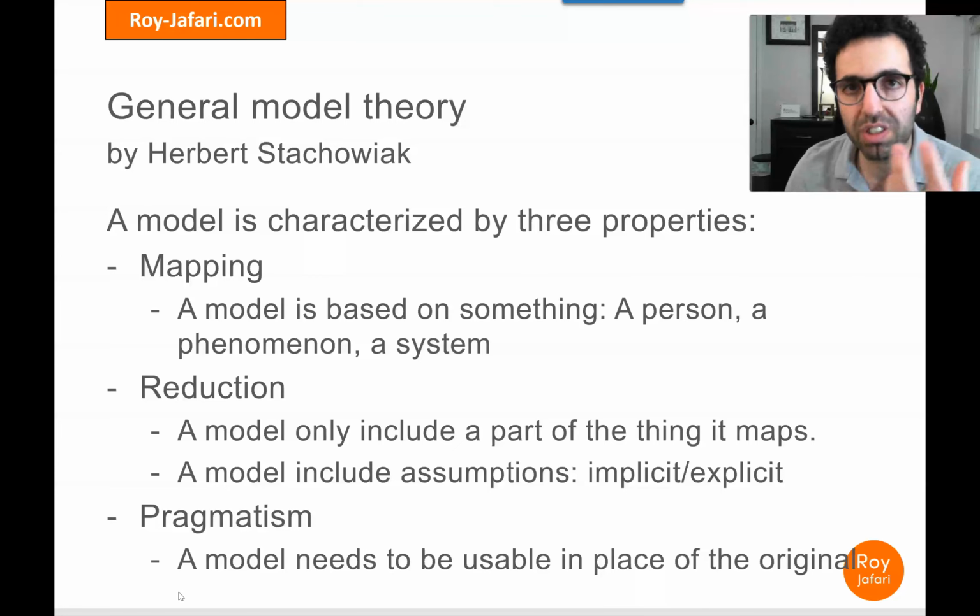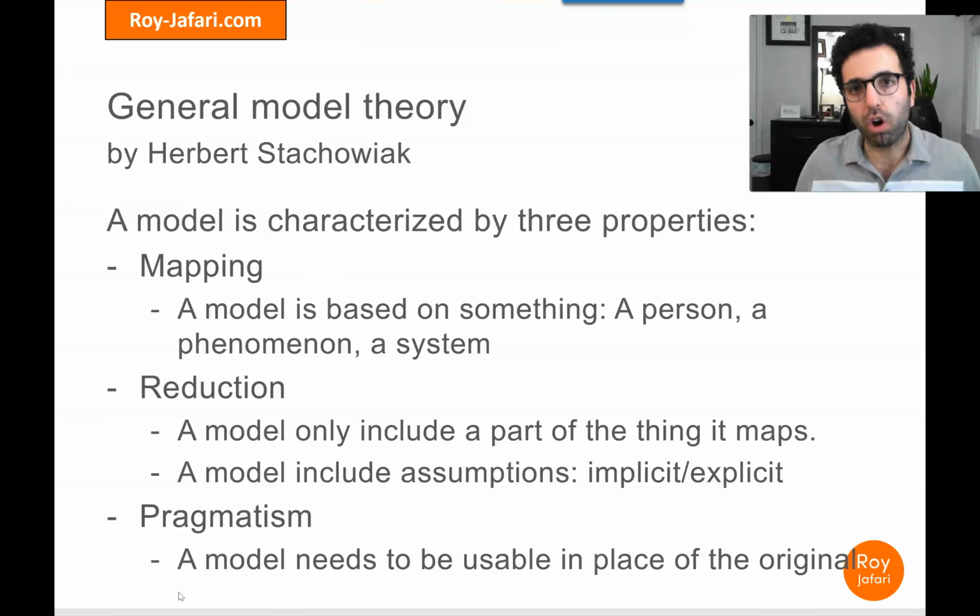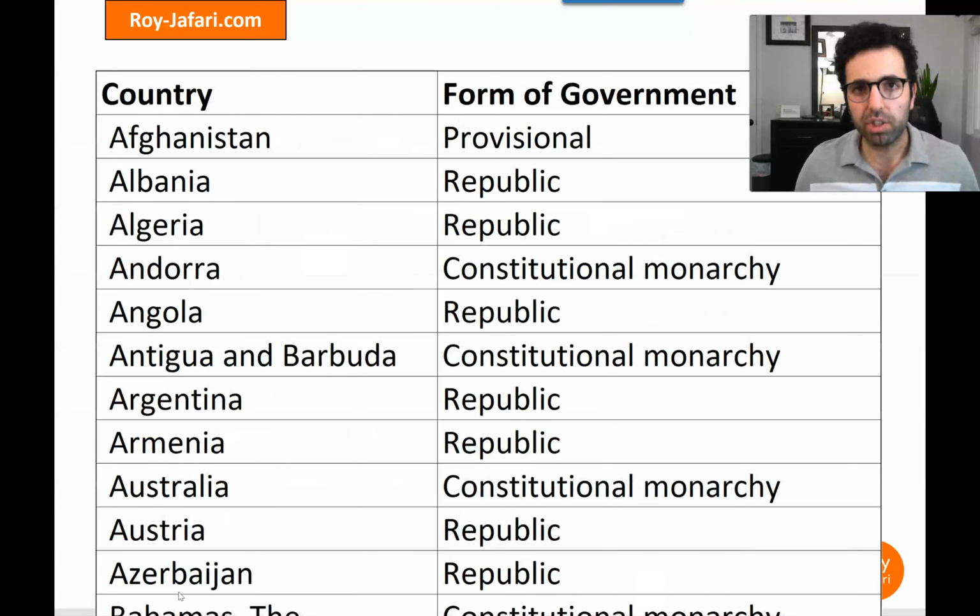We are reducing that reality into something simpler, something more concise, something easier to understand. We accept that reduction because we are getting some usefulness, that is the aspect of pragmatism of the model. So let's start this conversation with an example.